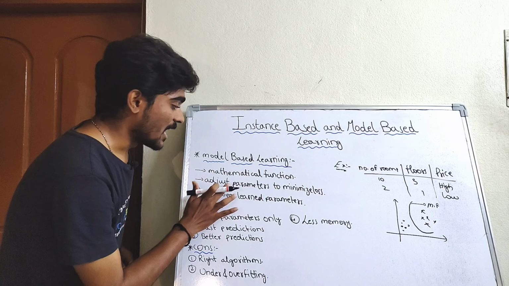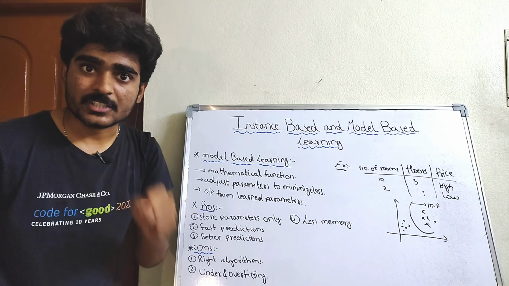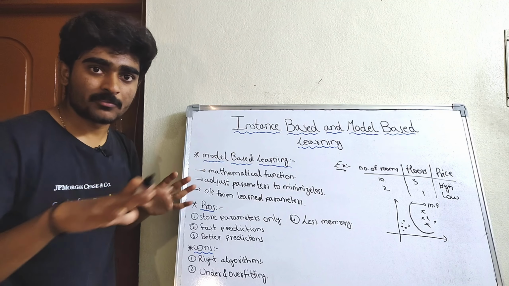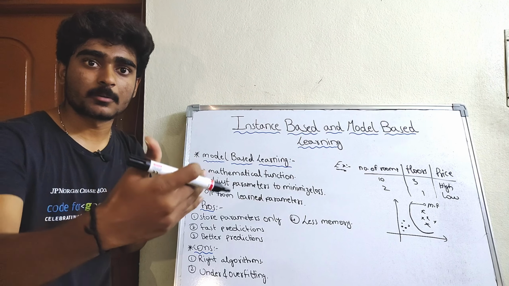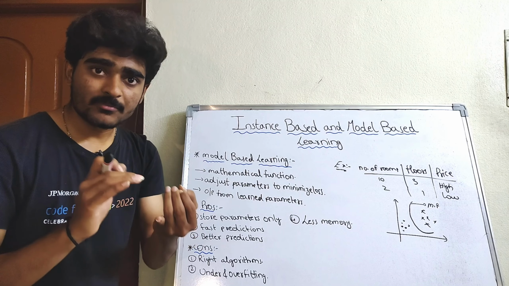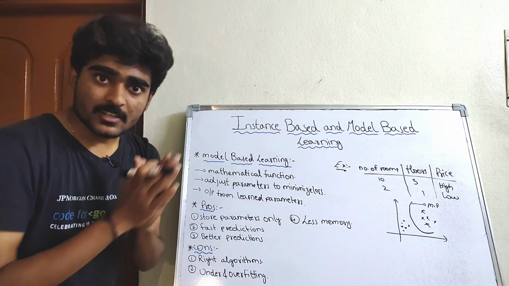Second, adjust parameters to minimize the loss. Here in logistic regression we have weights and bias parameters. I'll be explaining logistic regression in depth in further parts of our playlist, but just understand that we have weights and bias parameters. First we initialize some random values for these weights and bias parameters.